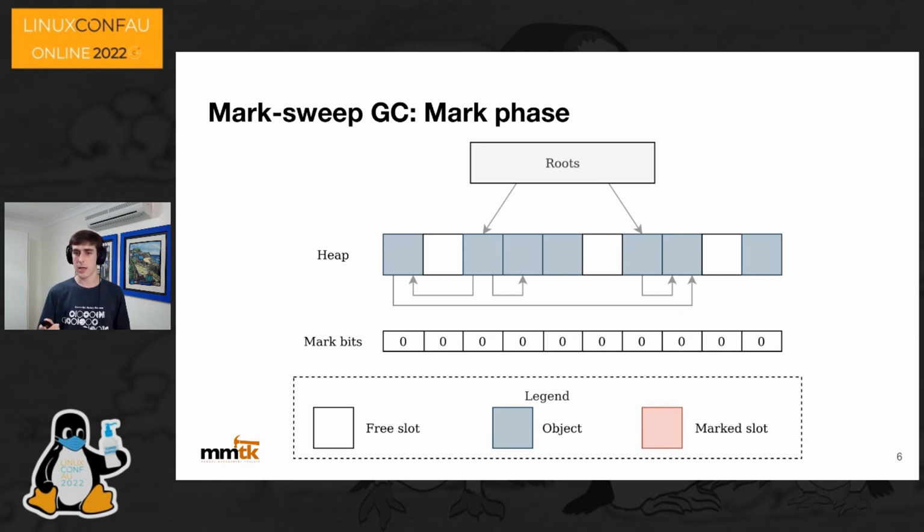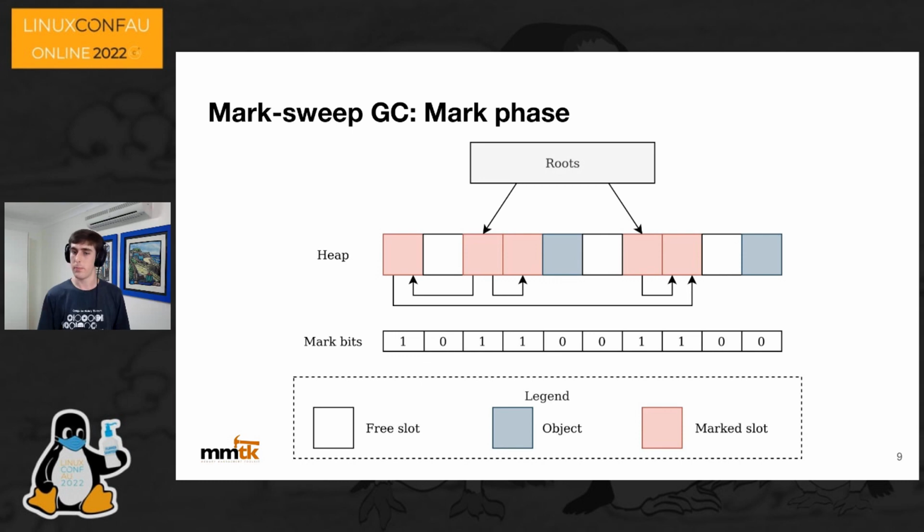From these roots, we trace down into the heap, identifying what objects are reachable from those roots. We mark those objects using a mark bit, as we can see down the bottom here, to identify that they are reachable. We then recursively search those objects and find objects that they point to and mark those, and so on until we've searched the entire heap.